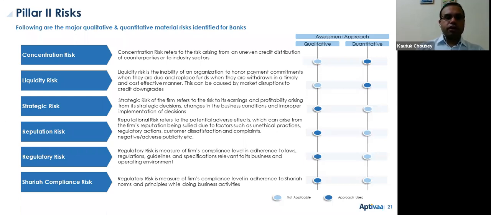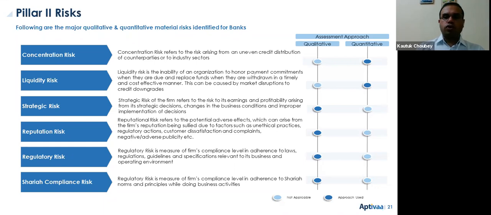As you can see, for credit concentration risk, there are multiple approaches which are completely quantitative in nature and require very little subjectivity from the modeler or the person undertaking the risk assessment. A few examples are HHI based approaches or any variant of the HHI based approach like a normalized HHI approach.